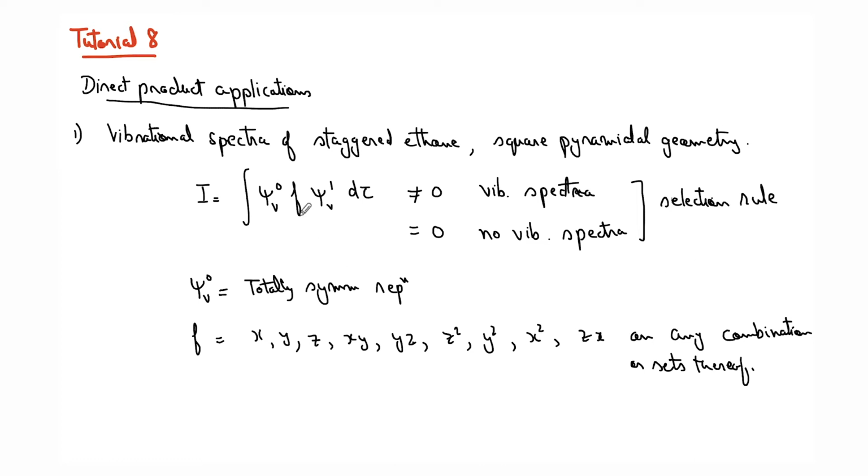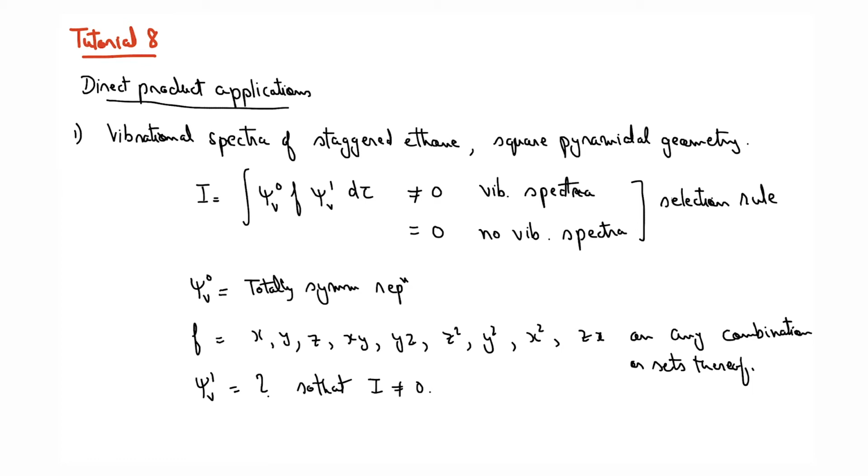So these two things are given. Psi 0 is the totally symmetric representation. F belongs to any of these functions. That means the basis set of this function is known. Now the question is asking what would be psi v1 so that I does not go to 0.